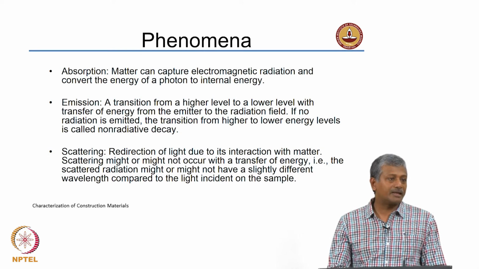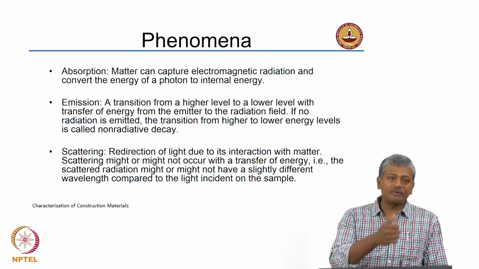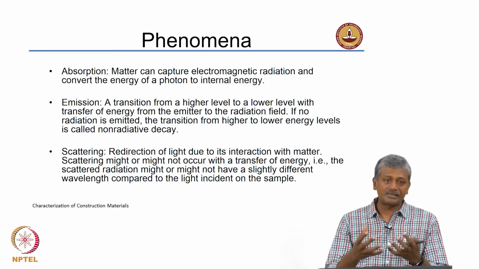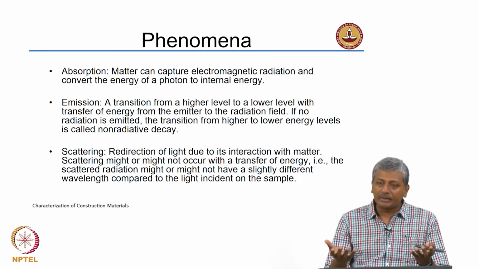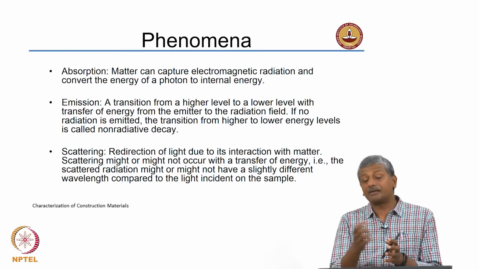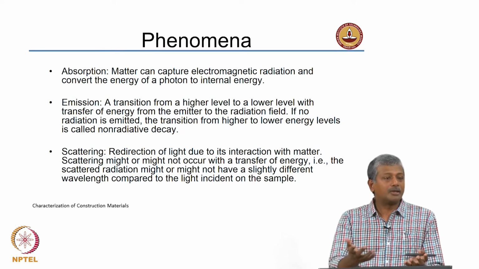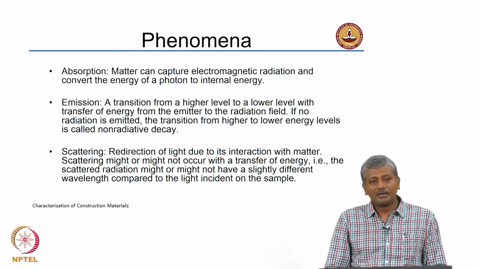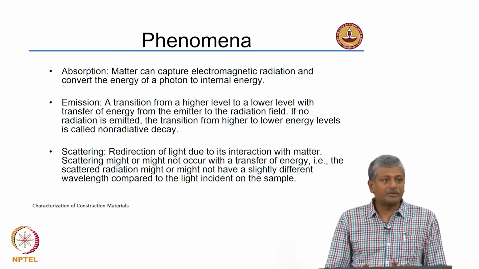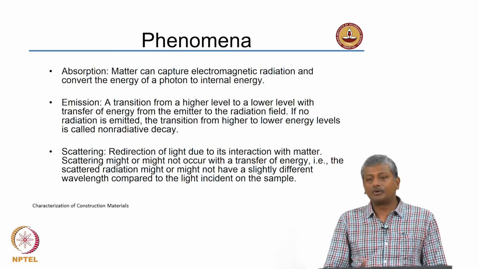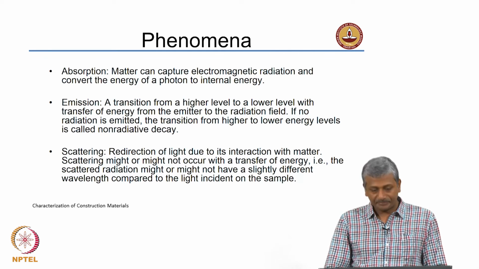So, if the electron that is going out has a different level of energy as compared to the incoming electron, then obviously that will be characterized by a different wavelength. Scattering can happen when electromagnetic radiation interacts with the atoms, nuclei, or electron shells of the species that you are trying to observe.